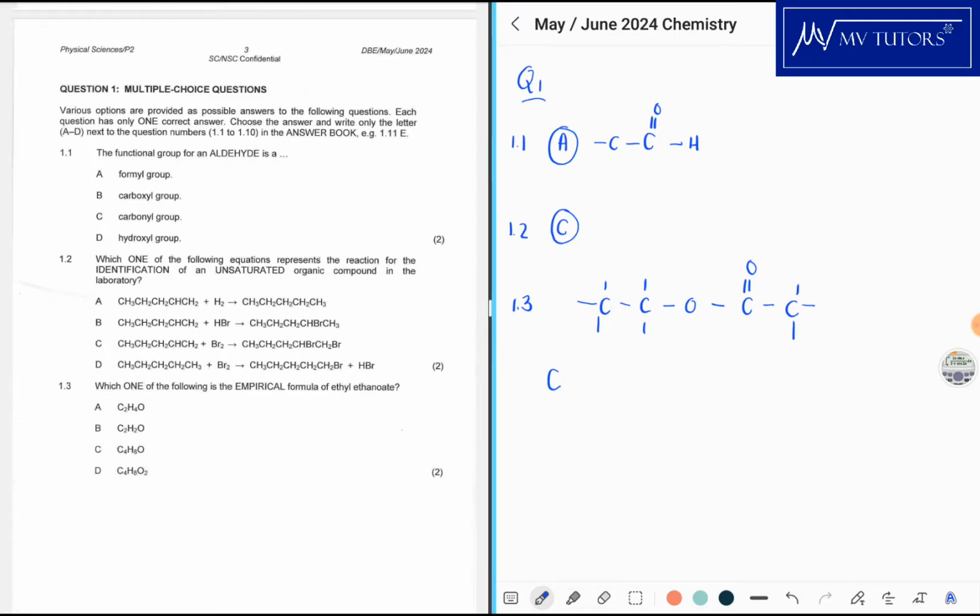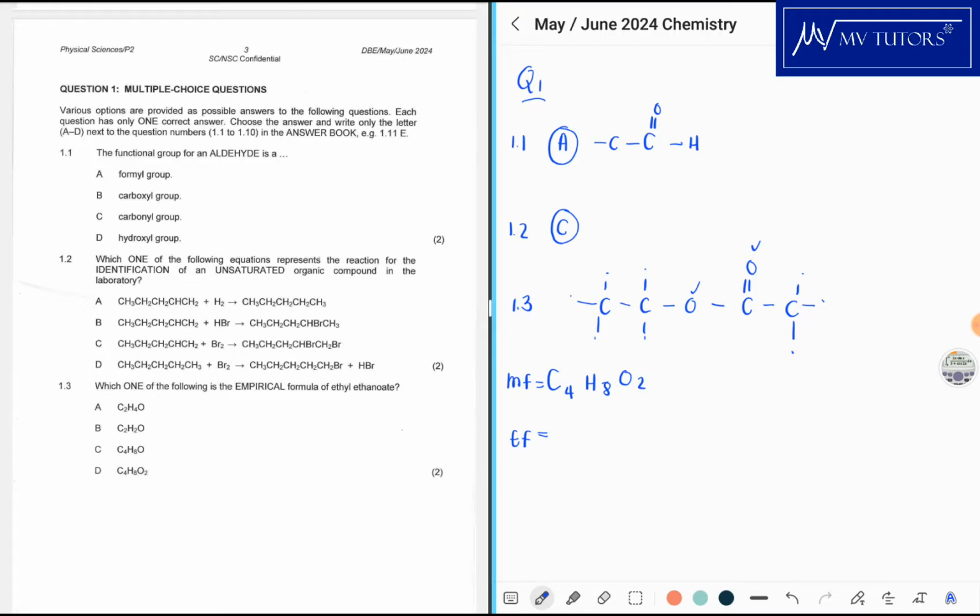So I see here I have 4 carbons. Our hydrogens, we have 1, 2, 3, 4, 5, 6, 7, 8. Okay, 8 hydrogens and 2 oxygens. So this is our molecular formula. Our empirical formula is when we simplify this molecular formula.